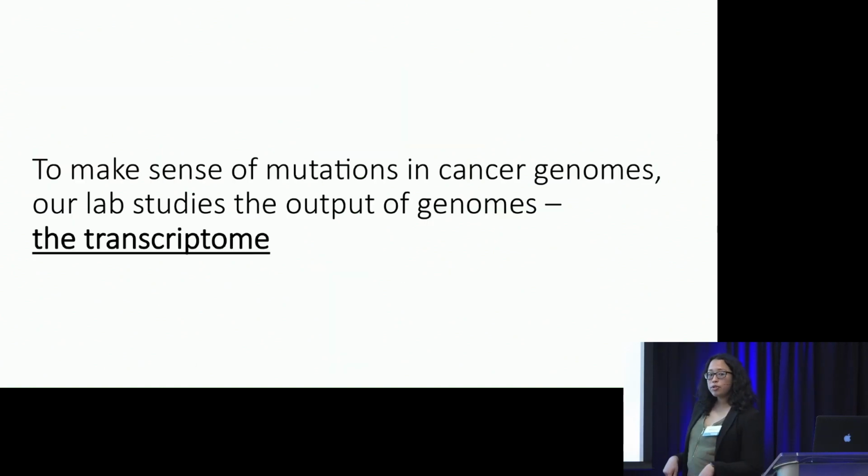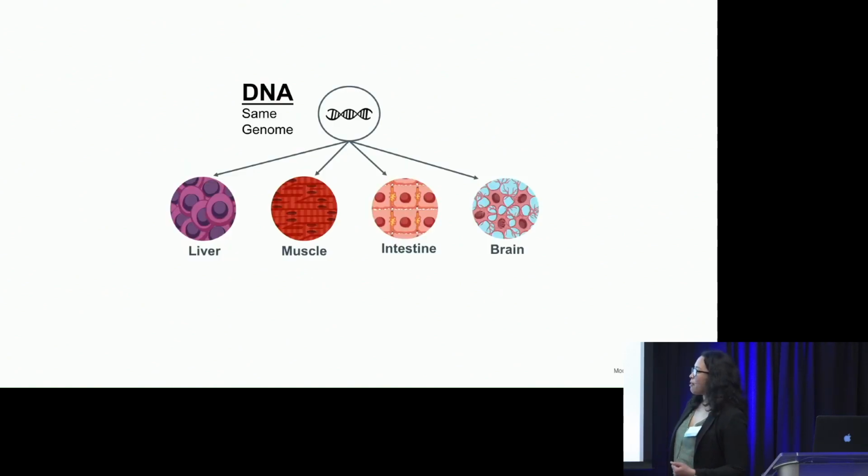So the approach that my lab takes is to look at what's called the transcriptome. To make sense of these cancer mutations, we study what we view as the output of the genome, which is the transcriptome. So what do I mean by that? Most people, when I talk about what I do, have heard about DNA and genomes, potentially. The genome is the collection of all the DNA in our body.